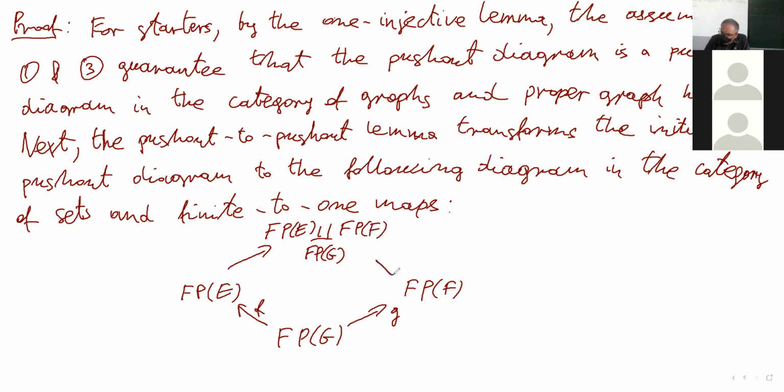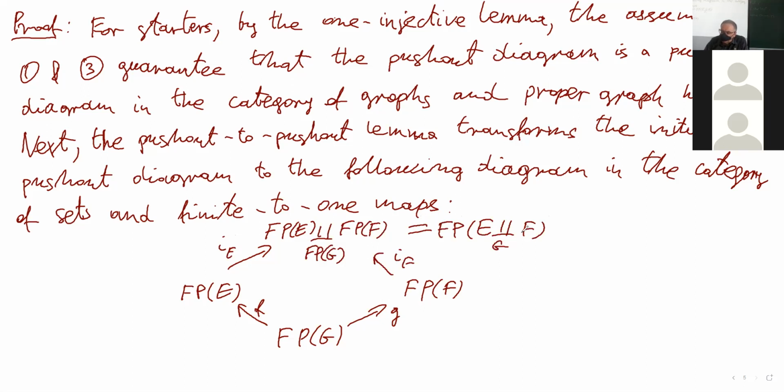And vis-a-vis canonical iotas, iota E and iota F. But we know that this is naturally isomorphic to FP of a push-out graph. Okay.